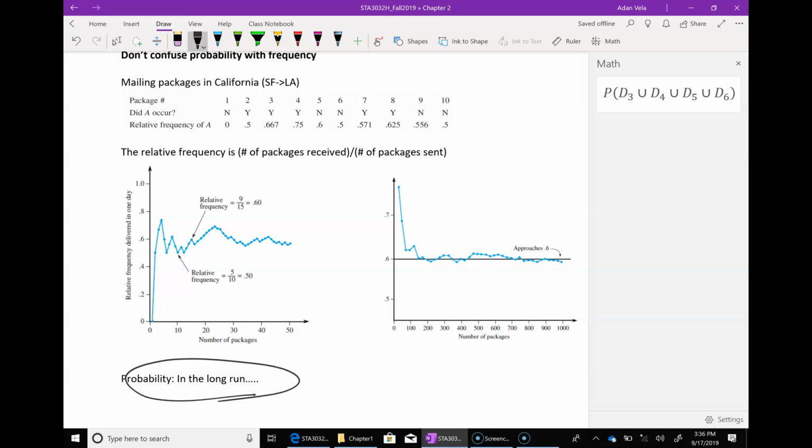The example the book gives is, I'm mailing a package between San Francisco and LA, and I'm going to measure how often that package is received within one day. So I do it a whole bunch of times. And what you can do is divide the number of times it got there in one day by the total number of times you mailed it out. And in the long run, that fraction should converge to a specific number. And usually that's what people refer to as the probability.